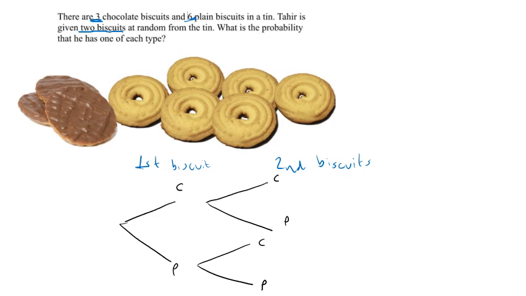Initially there are 9 biscuits in the tin. 3 of those are chocolate, and 6 of those are plain. But now he's taken out a biscuit, because this is his first biscuit. He's taken one out and he's going to get the second biscuit now. So when it comes to choosing the second biscuit, there's only 8 left to choose from.